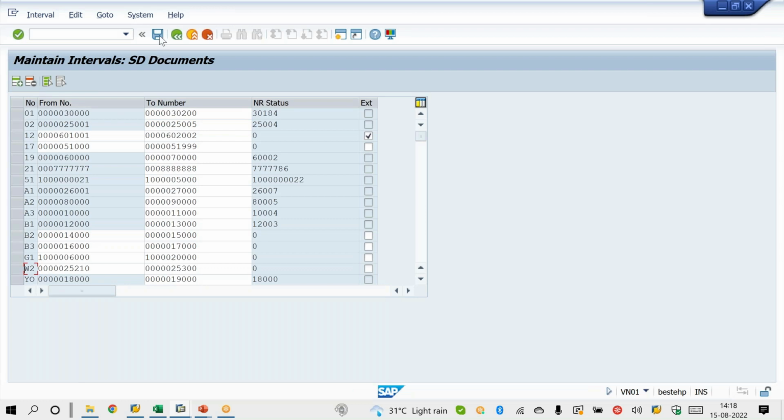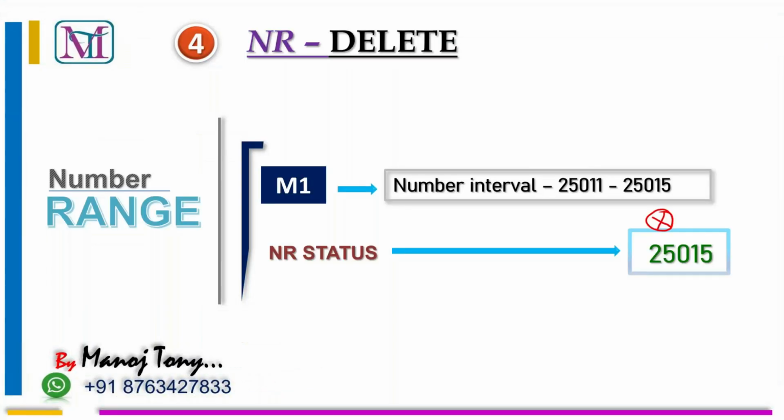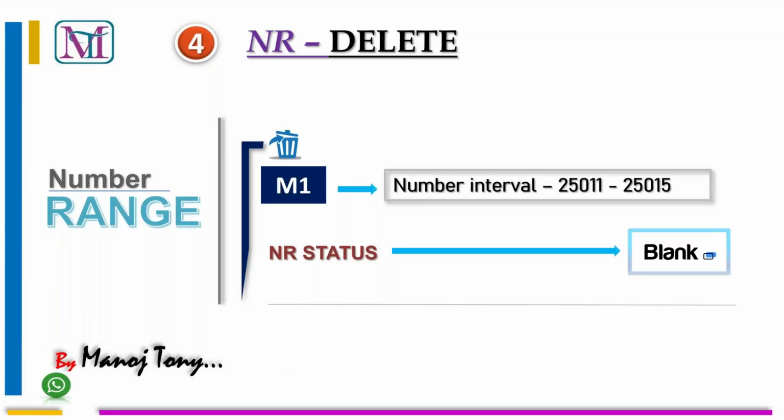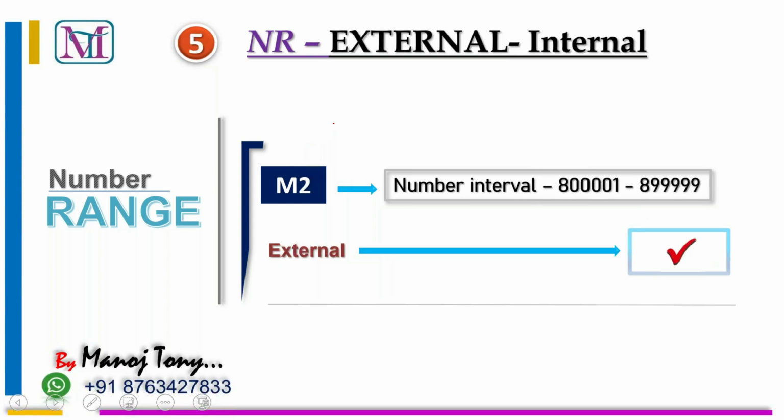Now it's deleted. Save. Done. So first we have to change NR status to blank. Only if it is blank can I delete the number range. If NR status has any entries, then the system will not allow deleting.